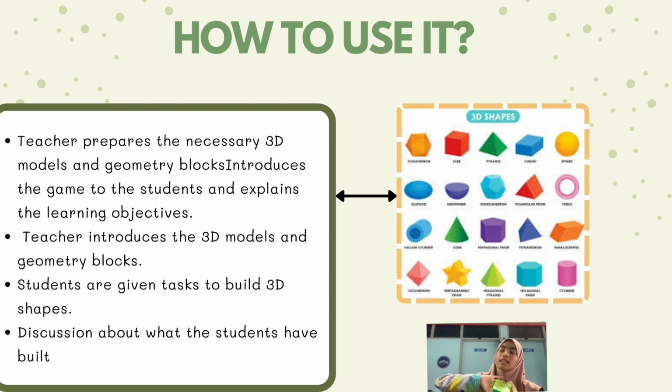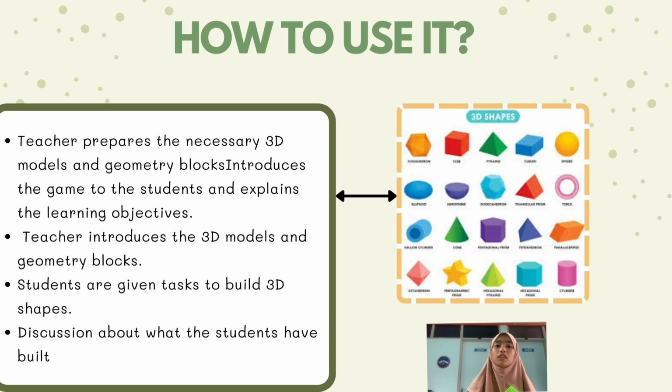After that, the teacher will hold a discussion about what the students have built and how they understand the geometry concept through the activity. For example, students are given a task to build a cube using geometry blocks. They need to identify the face, the edge, and the vertex of the cube.